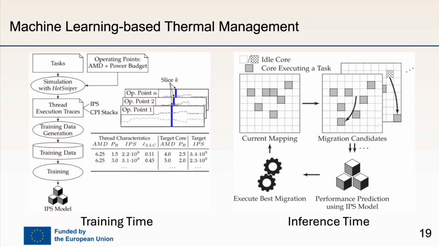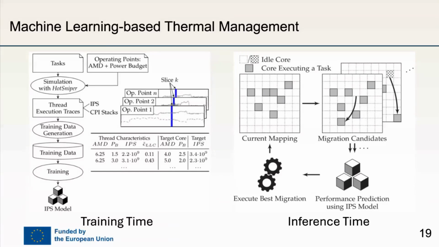Then we collect the thread execution traces, such as the IPS, instructions per second, and cache performance data, which are extracted to create a training data set. And we use a lightweight neural network to capture this relationship.